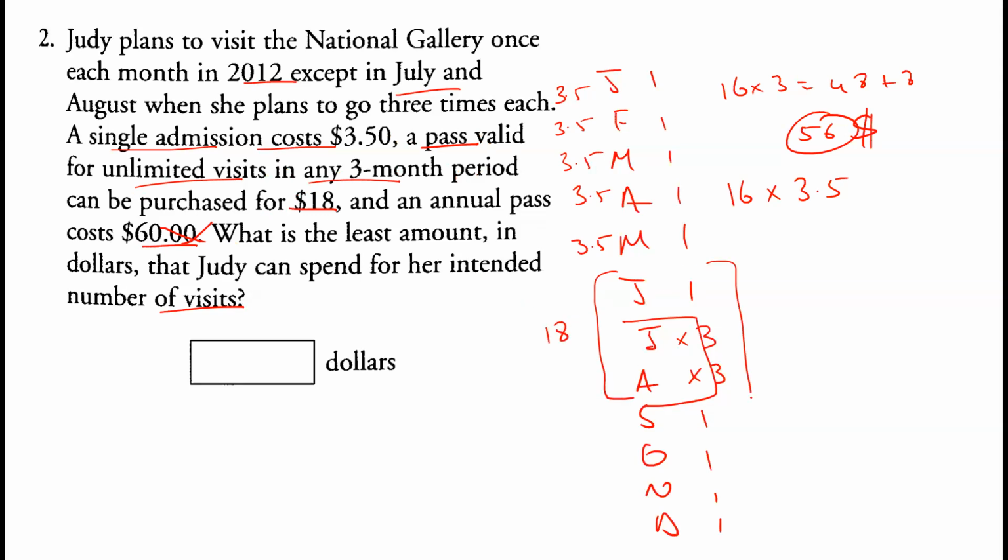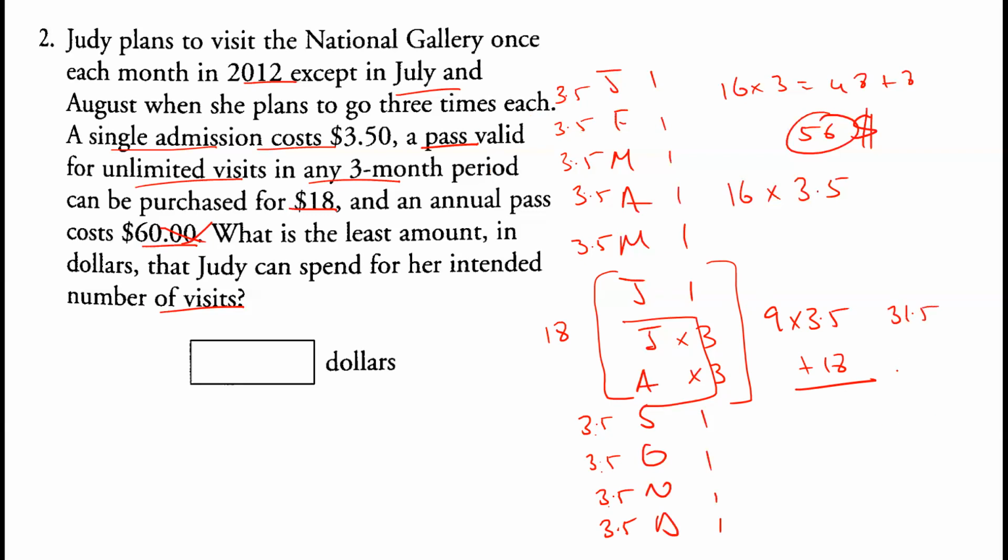In this time frame, we can go as many times as we want. So 3.5 is counted 9 times, so 9 times 3.5 plus 18. 9 times 3.5 is 31.5.